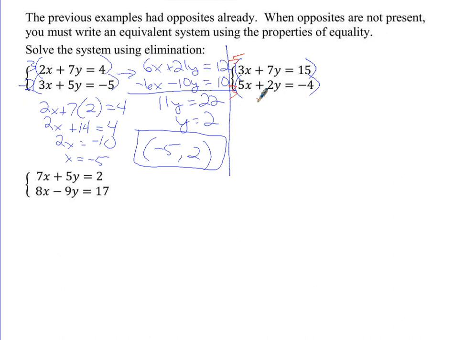So now we distribute. And what do we get in the top equation? Doesn't matter. That doesn't make any difference as long as one is positive and one is negative. -35y equals -75.